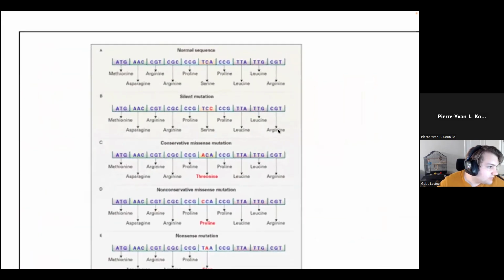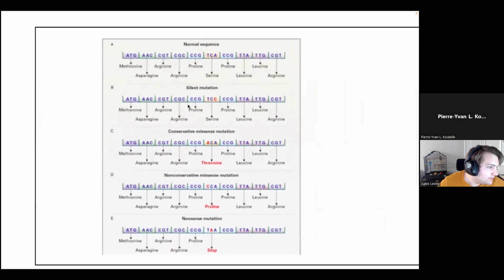Like he just slapped this here and he said, the normal sequence, silent mutation would be the same thing, but in one codon there is one change, but it gives you the same results. Then the conservative, there is another change, but it's a different result.